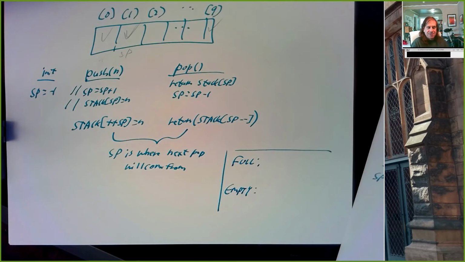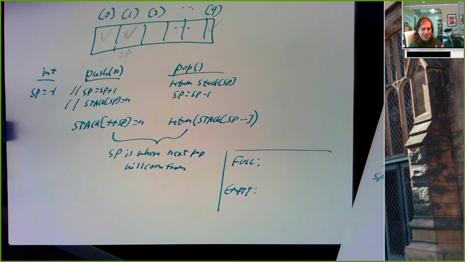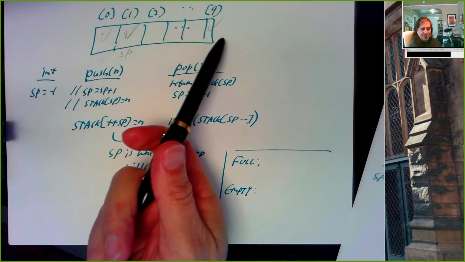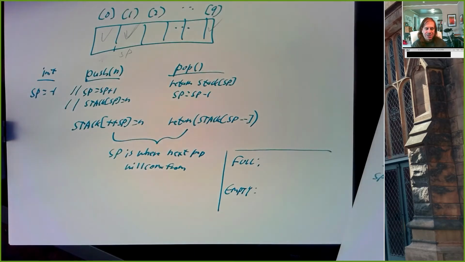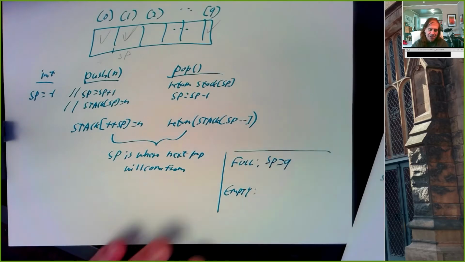So when is the stack full? SP tells us where the next pop will come from. So if SP is equal to 9 and we try to push, first thing we're going to do is increment to a 10 and then try to save at location 10, and that's going to be where we run out of space. So it's full when SP equals 9.